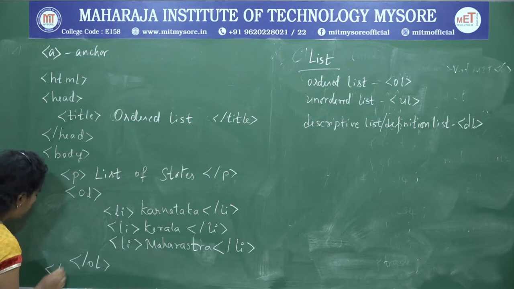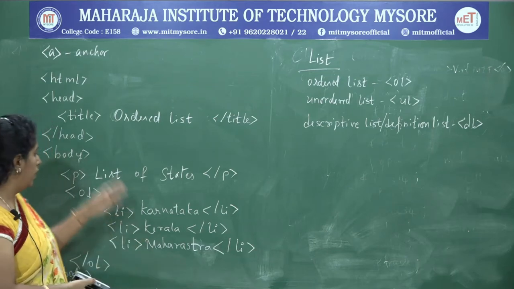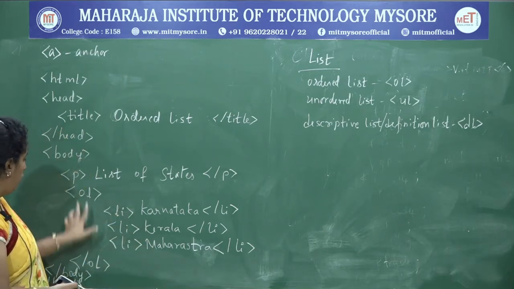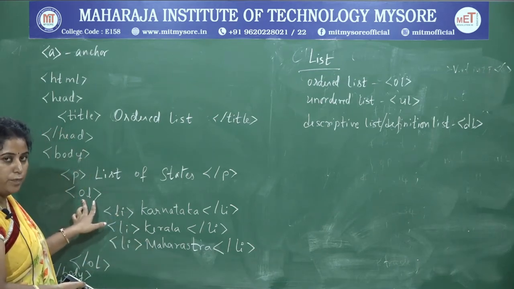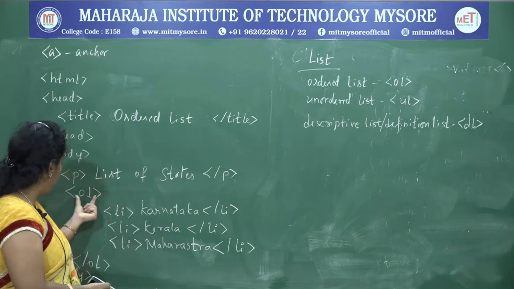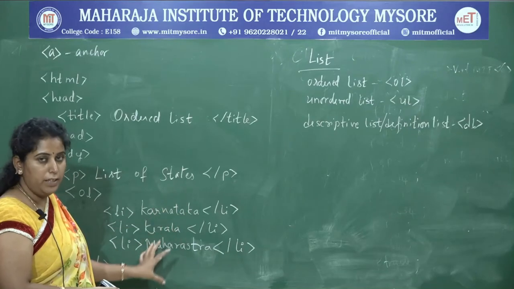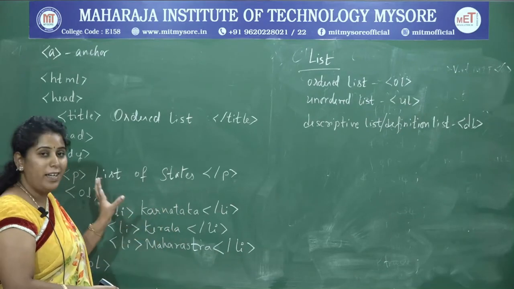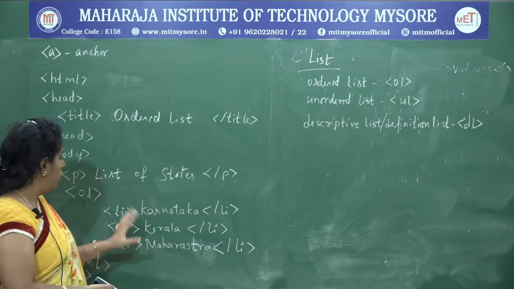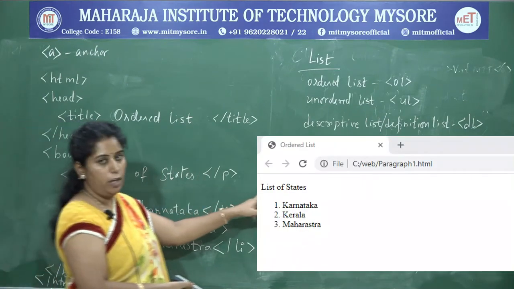Finally, close the body and also close the HTML part. Since you have used an ordered list, by default this list will be ordered in numbers. So finally, when you run this program, you can look into the output.